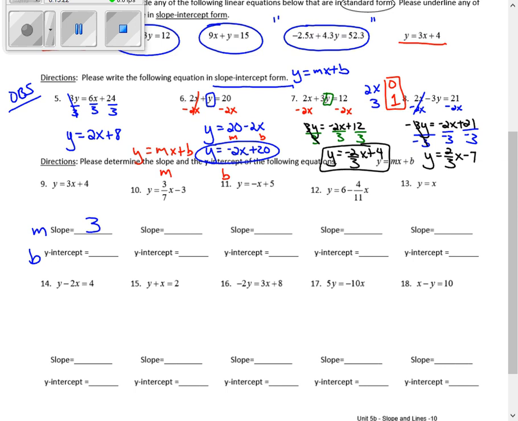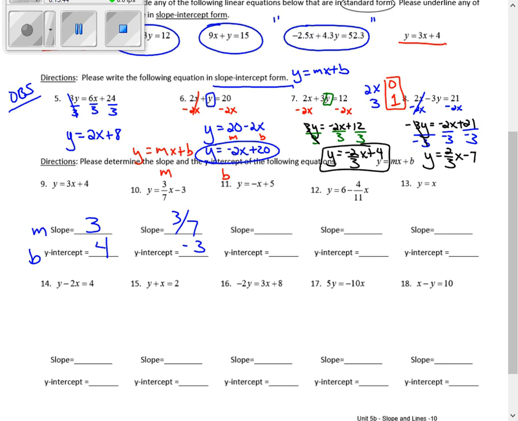The y-intercept is the number with no variable, that's the 4. Similarly, on number 10, where we have y equals 3/7 x minus 3, the number that multiplies the x is 3/7. The y-intercept, which is the one with no variable, is negative 3.